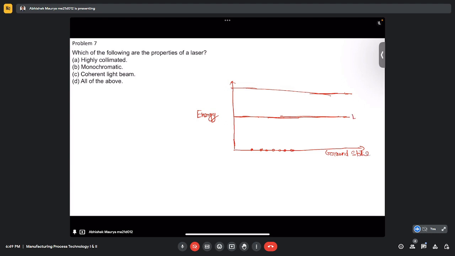And here we have energy level 1, and in between we have some E M or some metastable energy state.